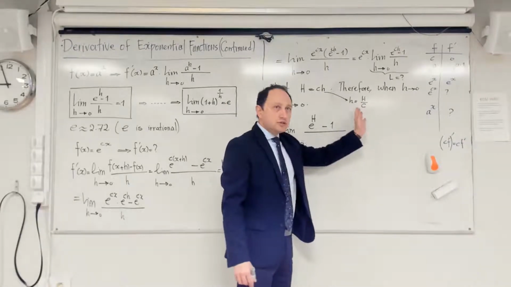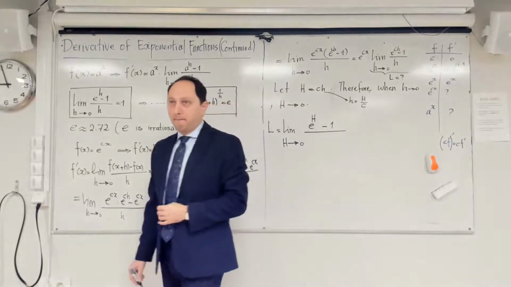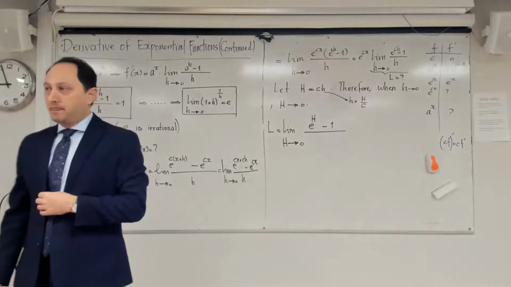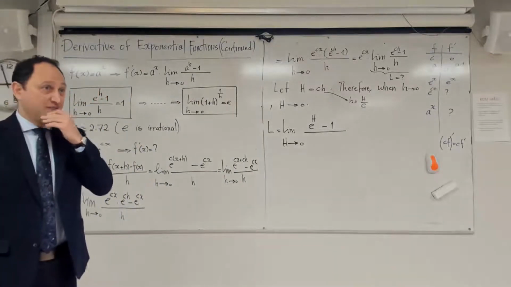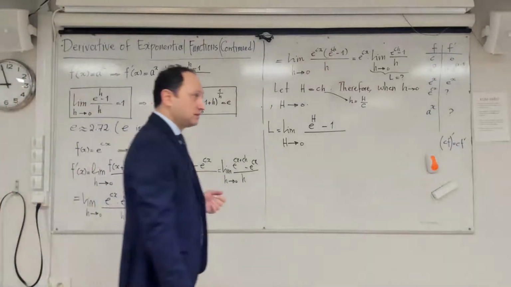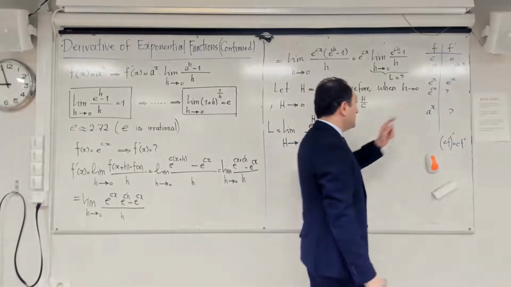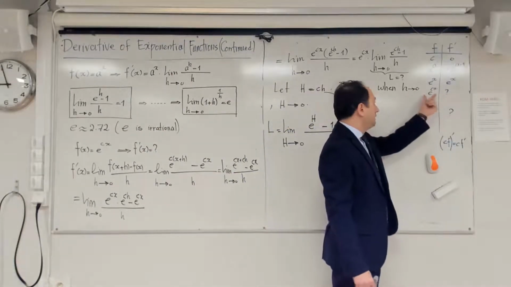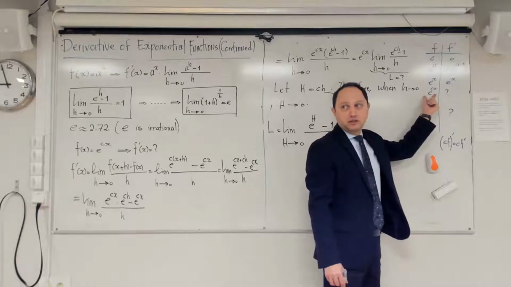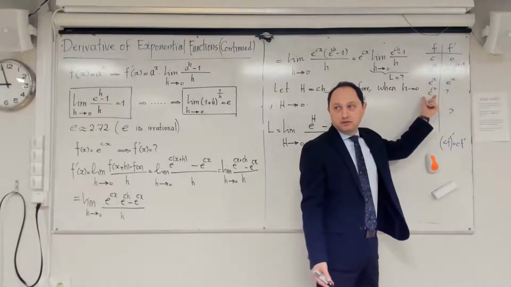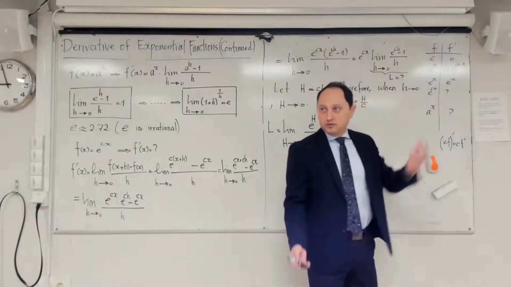But c equal to 0 is not my problem at all. Why? Because if c is equal to 0 from the beginning, what would this function be? Well, it becomes 1. And what is its derivative? It's 0, because 1 is constant.